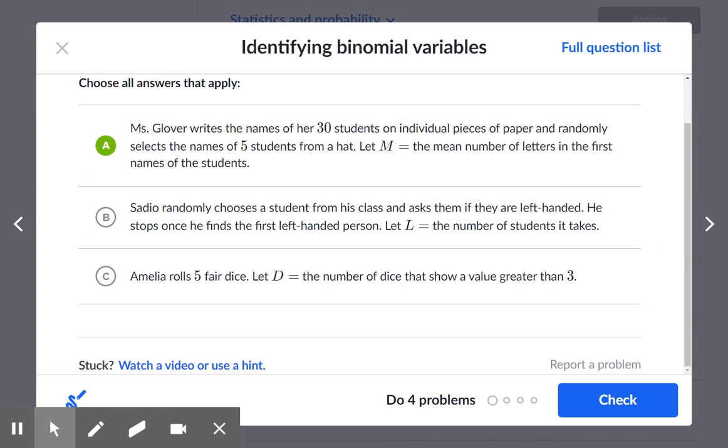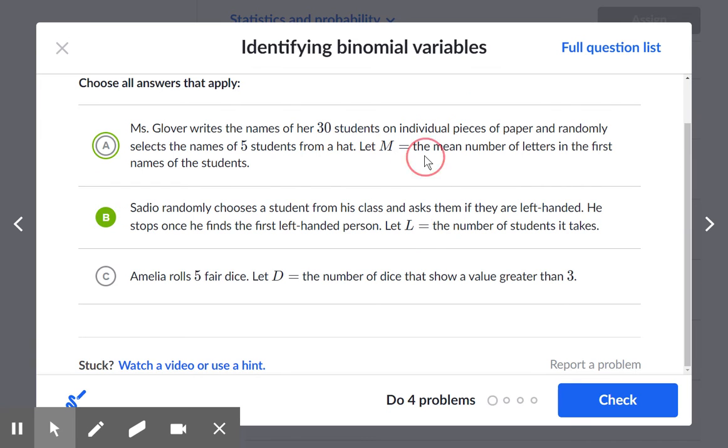So the first person to be chosen, the probability of that student being chosen is 1 over 30. For the second paper being chosen, it will be 1 over 29. So the probability of success changes. So A is not the right way to go. It's not a binomial variable.